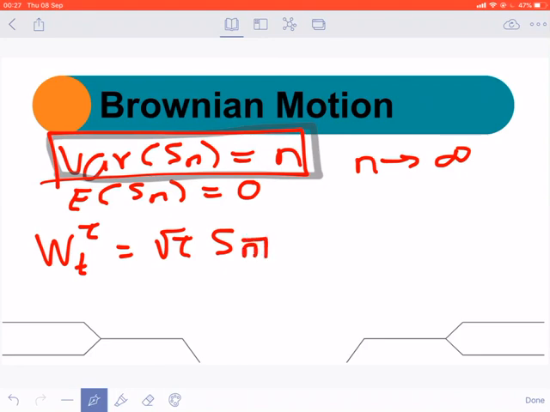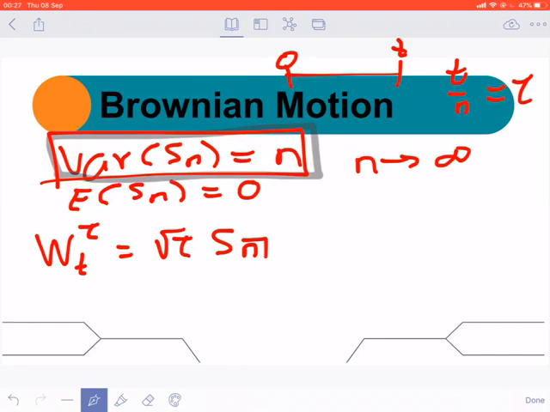So provided that we know that this thing is going to start from time 0, all the way to time t, it means that if we are going to have equal intervals, we can have t over n, meaning that now our tau is going to be t over n, right?